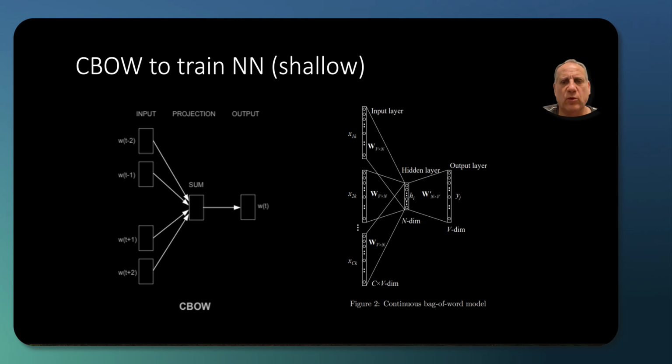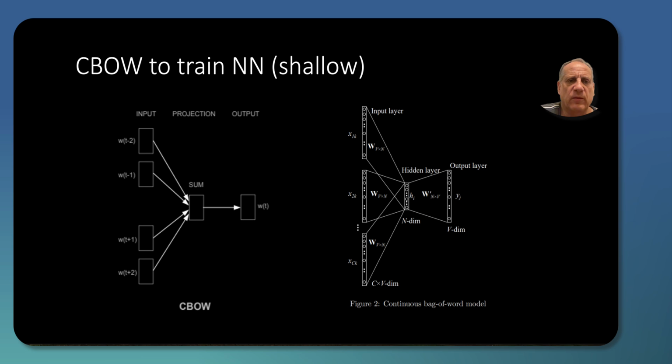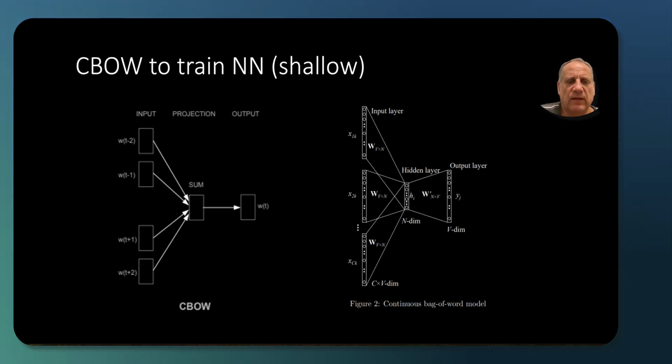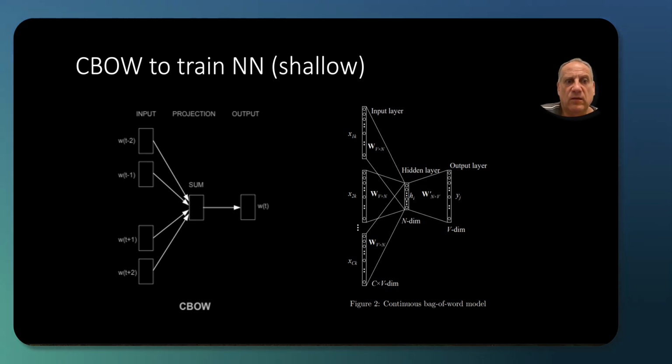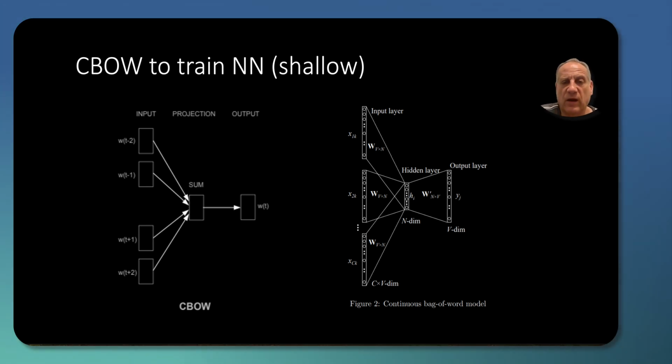It's not like the autoencoder I mentioned, which would have many layers. It's actually just a very shallow layer. And each of the inputs is represented, say, by a one-hot vector. And then you add them all up with some weights. And then it's supposed to try to predict the one-hot vector, which is the output.